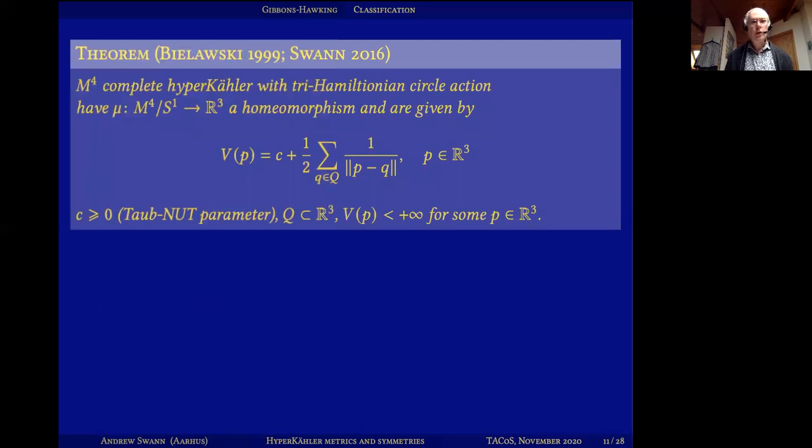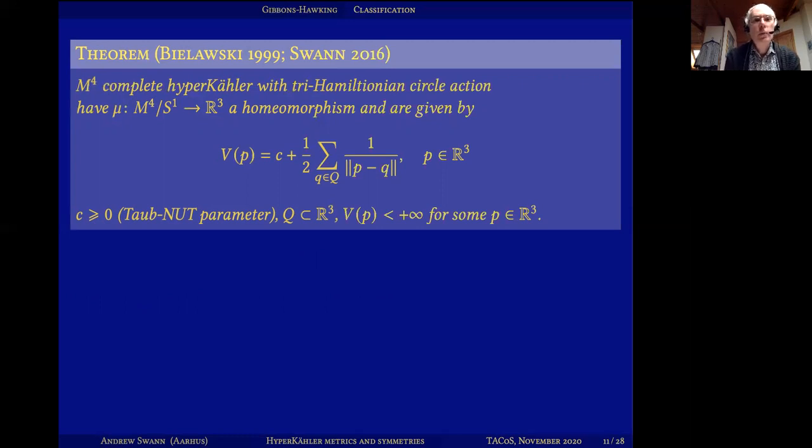So you can ask how many of these metrics there are and how you can construct them all. And Roger Bielawski came up with a nice answer for this in 1999. He put in an assumption that the topology of the manifolds was finite. It turns out that assumption can be removed.